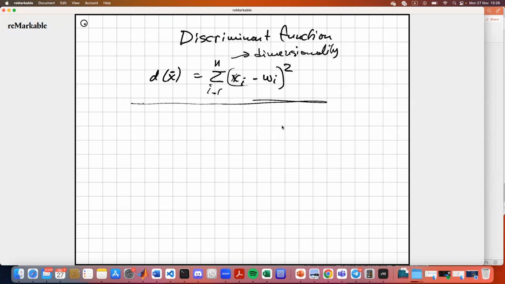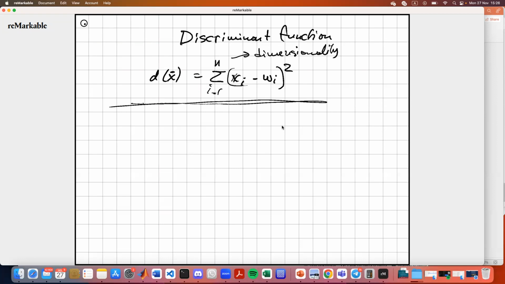This is simple. Later on I will comment on the usage of other functions. In principle, you can even use cosine similarity. I will also talk about binary self-organized maps, where the features are binary, zeros and ones, and in this case you need to change this measure of similarity to a more suitable function.